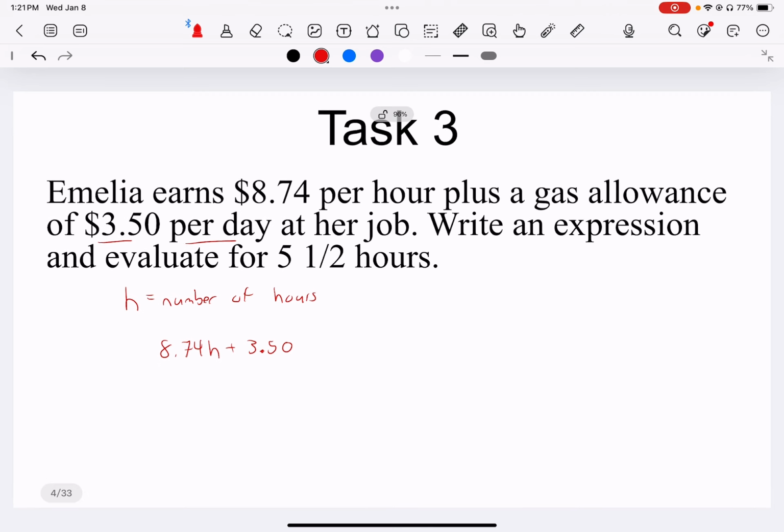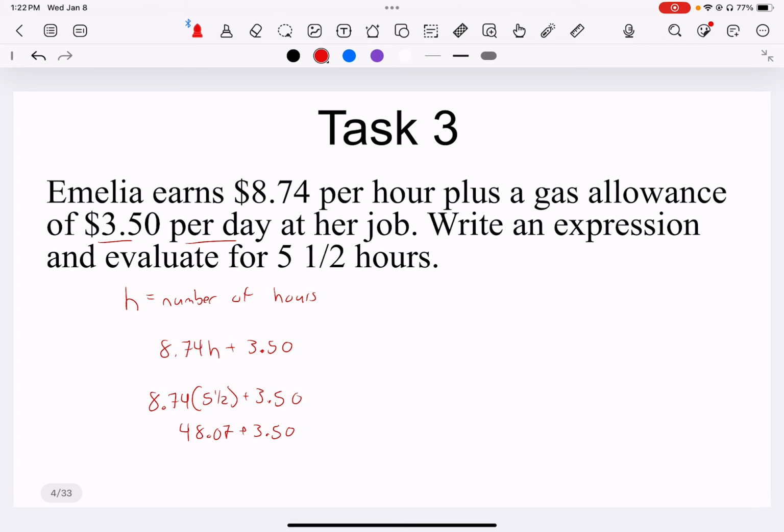Now to evaluate, I'm going to replace my H or substitute my H for 5.5 to determine how much money she's going to earn. So 8.74 times 5.5 is 48.07 plus the $3.50 for the gas allowance.